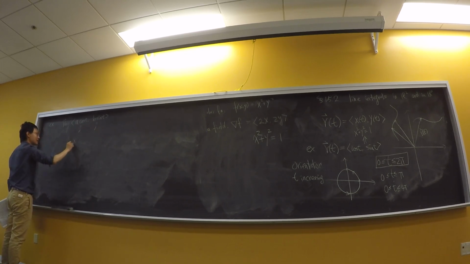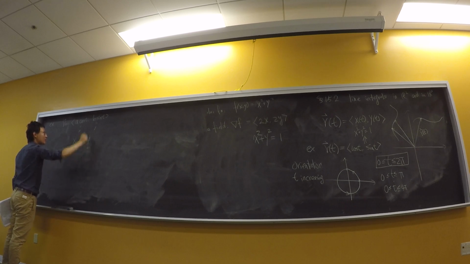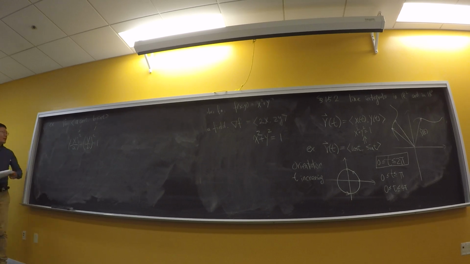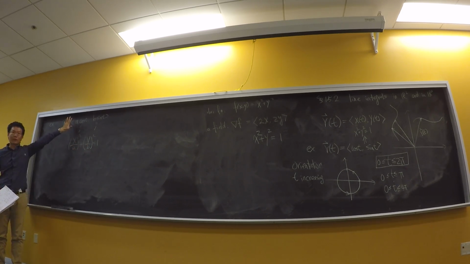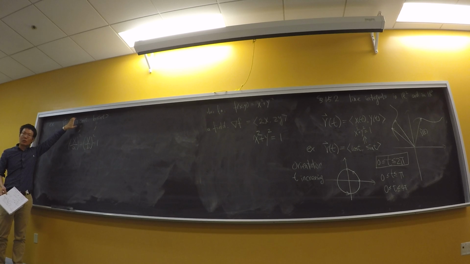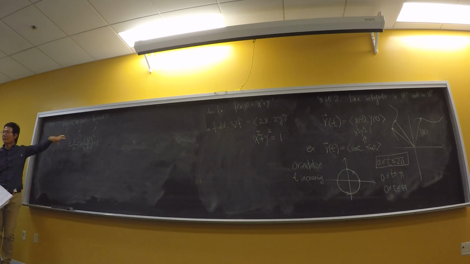So you can easily see x divided by a is equal to cosine t, y divided by b is equal to sine t. If I square them and add them together, you get 1. So this defines the exact ellipse. But again, if I do this, I lose two very important pieces of information: the runs and the orientation. But you should be able to recognize a curve from both of these two representations.